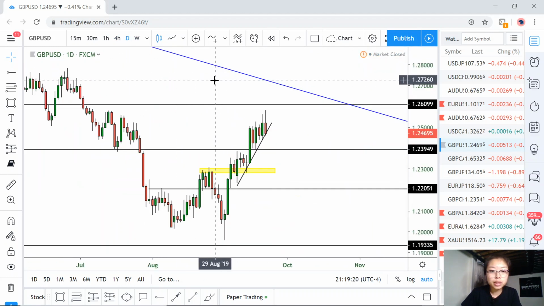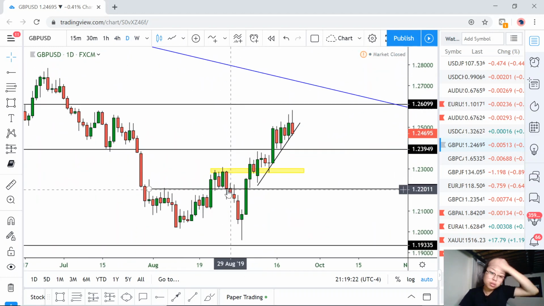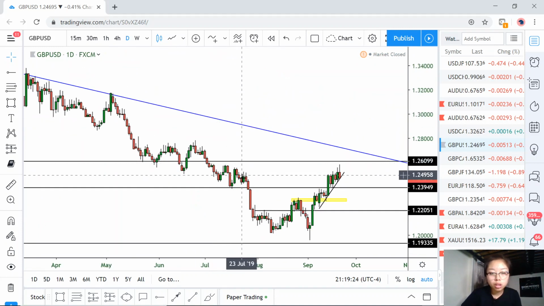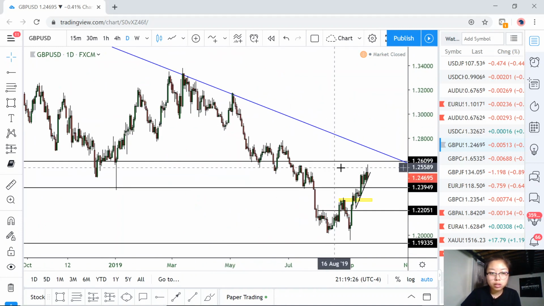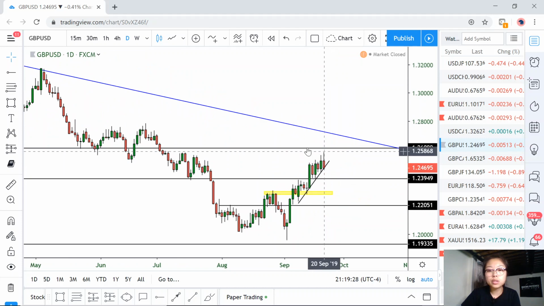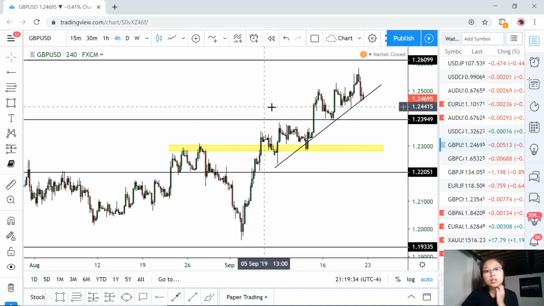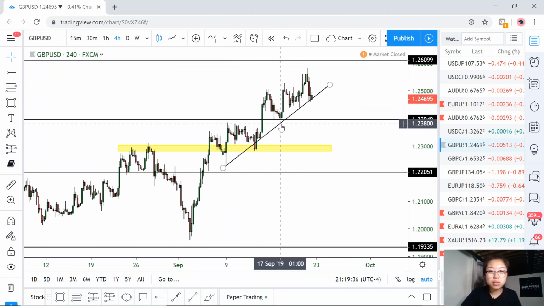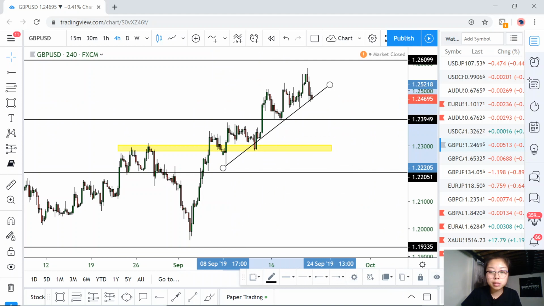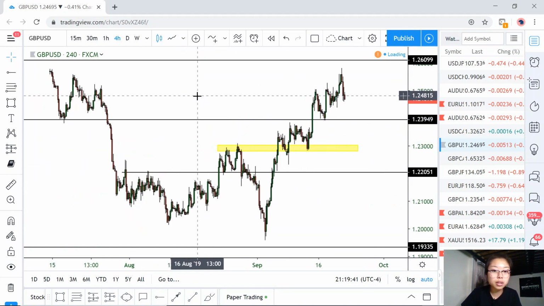So on a daily, the price is approaching 1.26, and it's rejected off the 1.26 area. This trend line is kind of steep, so I'm just going to erase that. I'm not sure why I put it there.